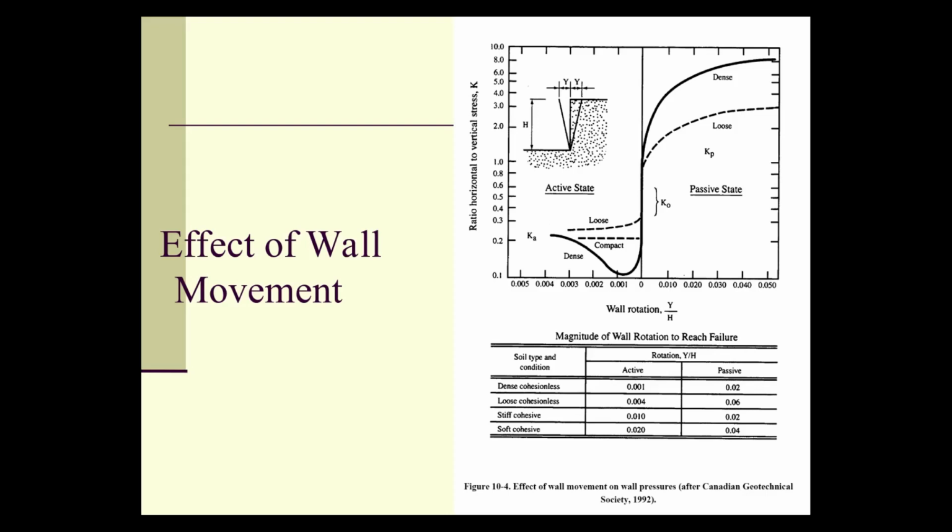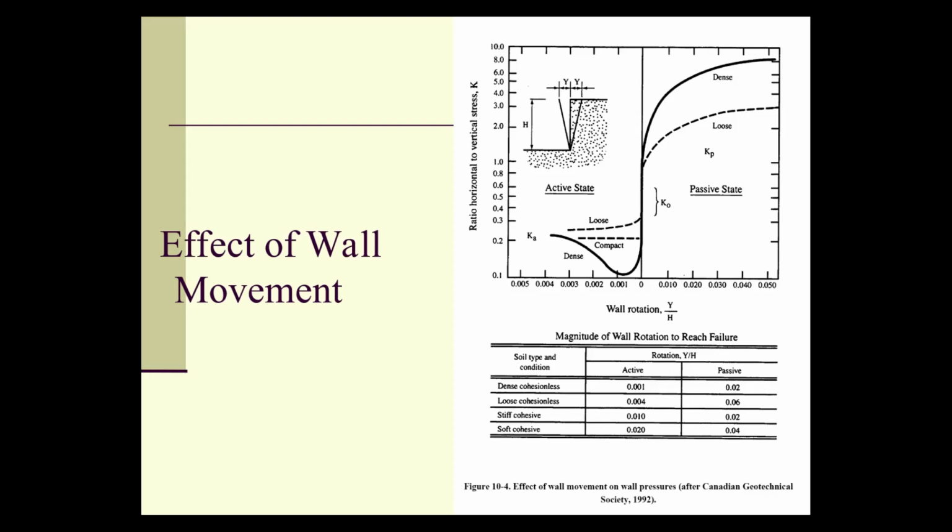And then the passive state, where the wall moves into the soil, is called the passive state, KP, and it's a very high ratio. In other words, at that point, we get an interesting situation where the horizontal stresses are greater than the vertical stresses.